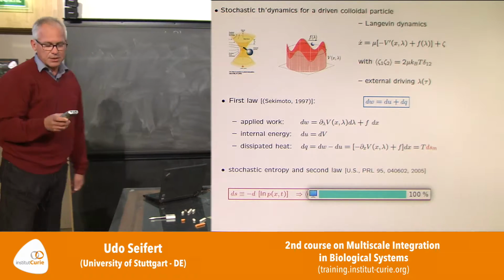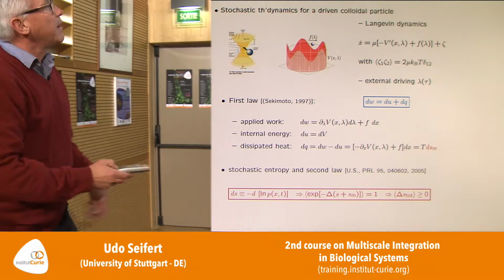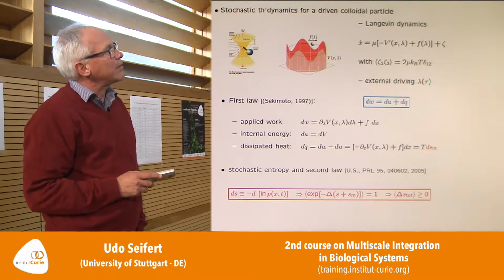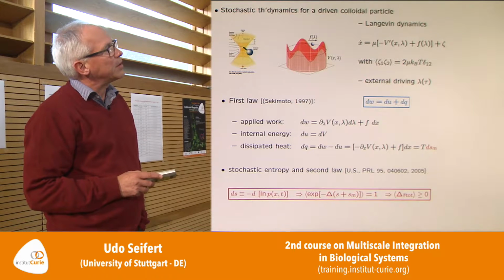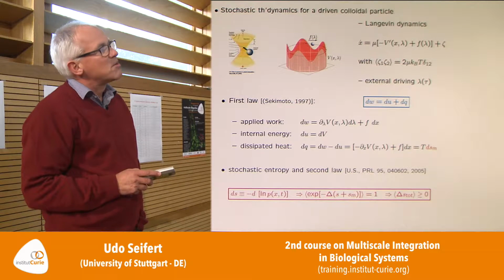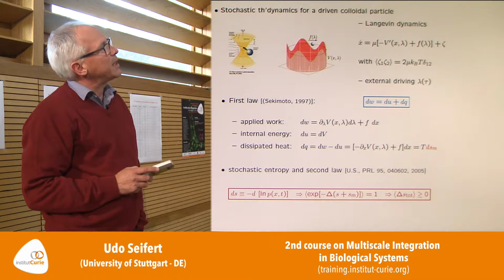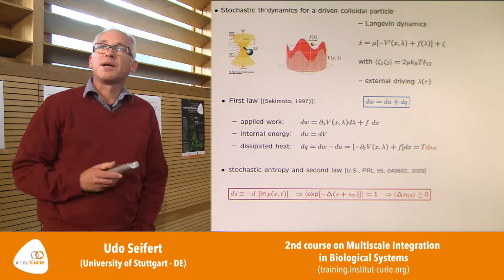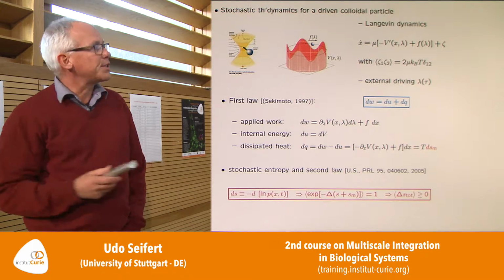Put everything into the exponent, and then you can easily prove that the non-equilibrium average, this is now a non-equilibrium average over given initial conditions and many force realizations, that e to the minus delta total entropy change, that this is always 1, even under non-equilibrium conditions.